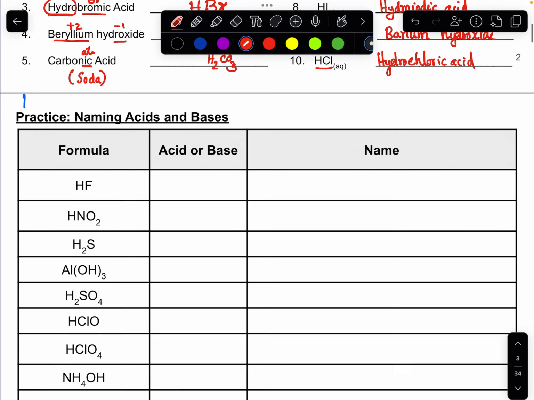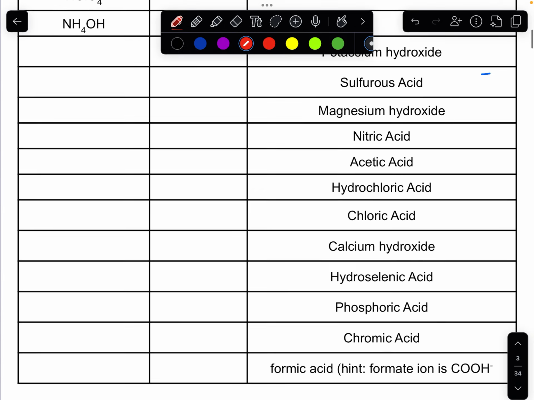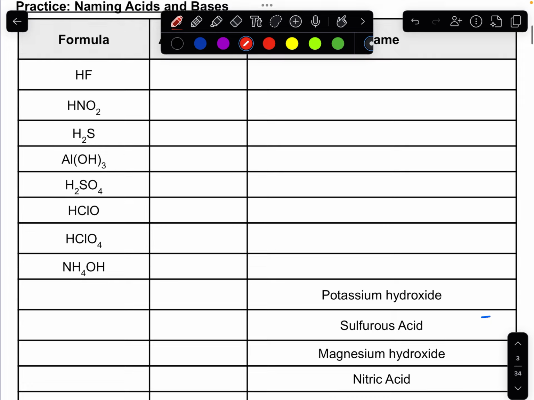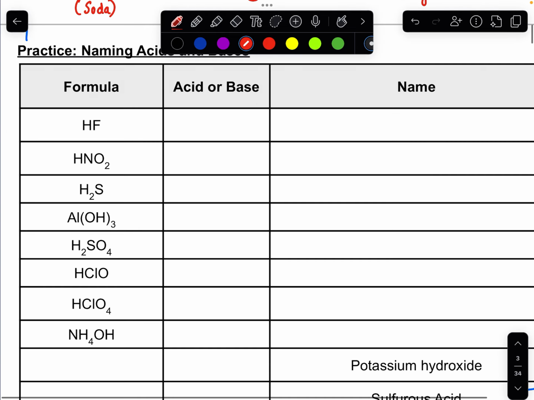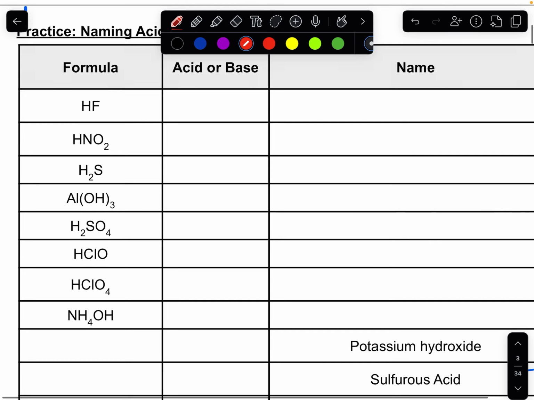Okay. So we are going to do the practice. This is the same practice we have done in the reaction unit. Okay, so I'm going to do maybe the first one. First you have to identify whether it is an acid or a base. Acid starts with hydrogen, base ends with OH.